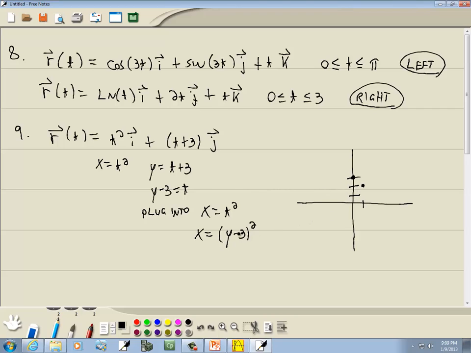If I plugged in 4, 4 minus 3 is 1, 1 squared is 1, so we would also get this right here. So this is what our graph would look like, assuming there are no restrictions on the t value, and that's in terms of x's and y's. But let's graph this in our utility and see what we get.